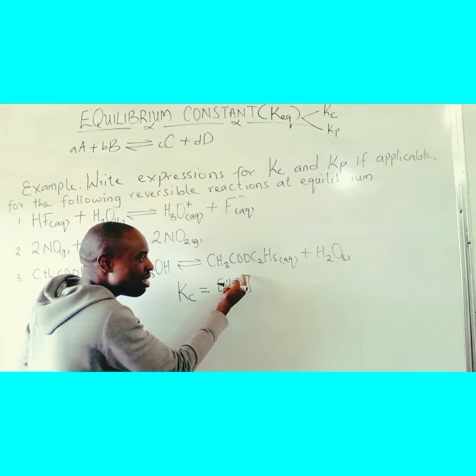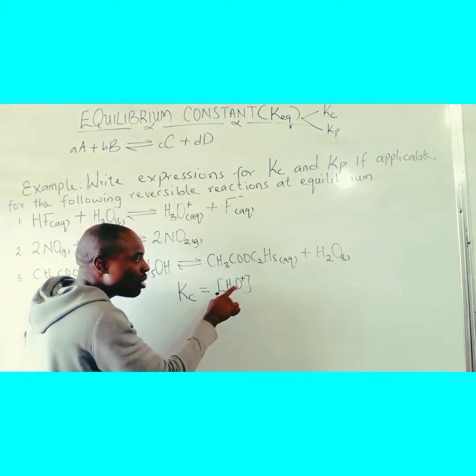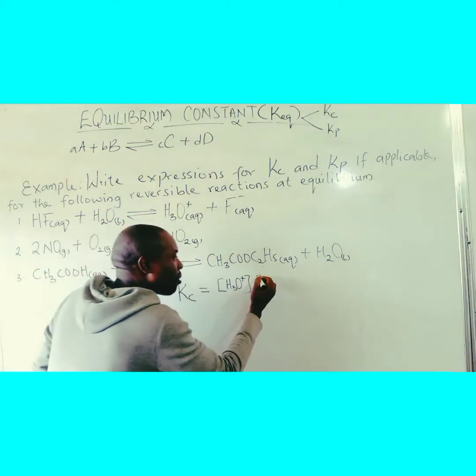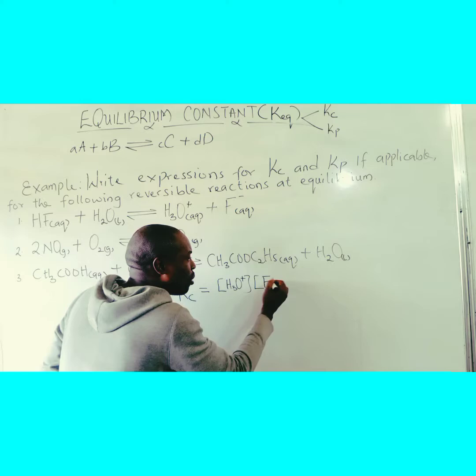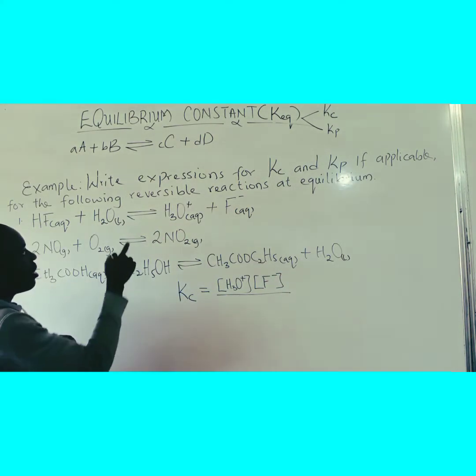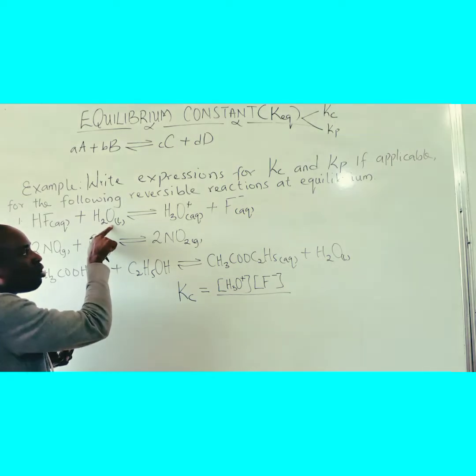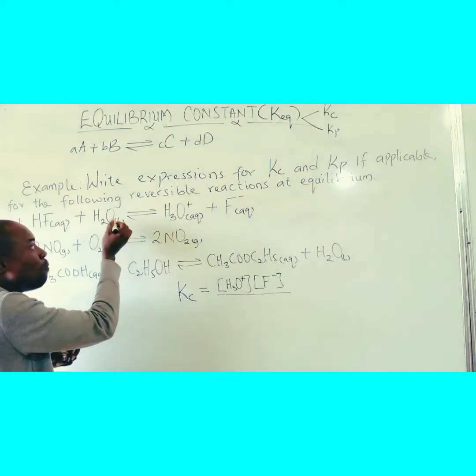The concentration of the hydronium ion multiplied by the concentration of the fluoride ion over, remember, I cannot write that of the water, because it is in the liquid state, so it will be omitted.